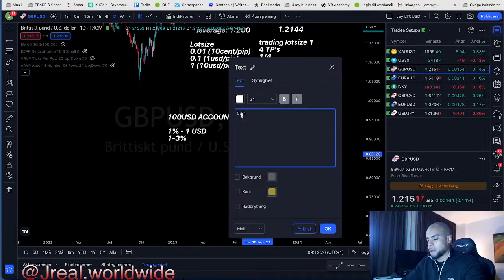We already spoke about that. And that is 10 cents per pip. So it means if you're trading with a lot size of 0.01, you gain or you lose 10 cents for every pip the market moves.